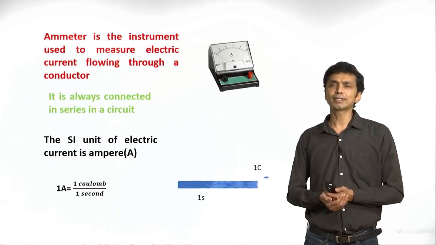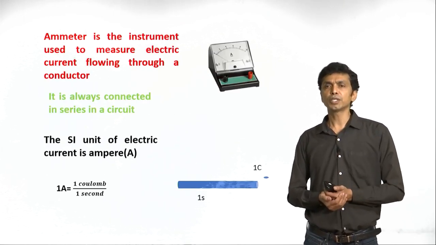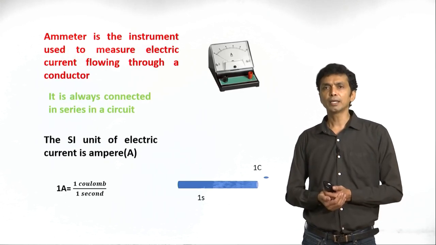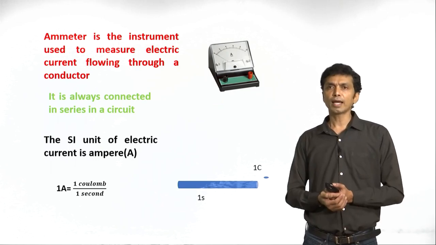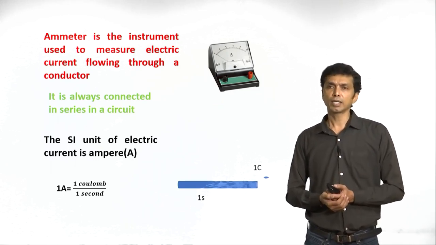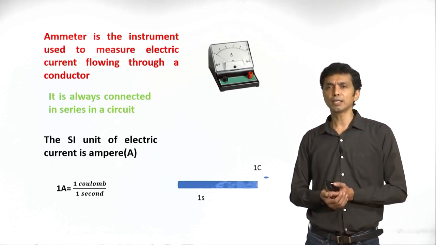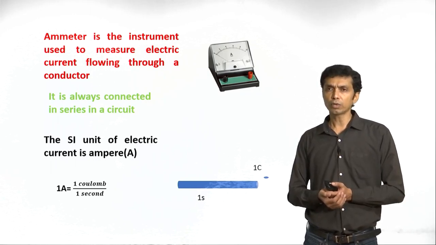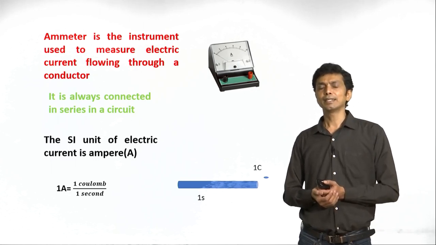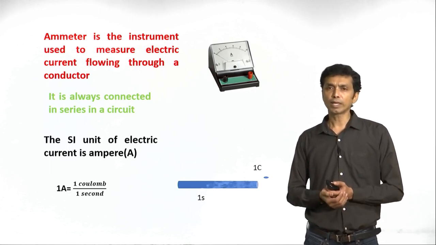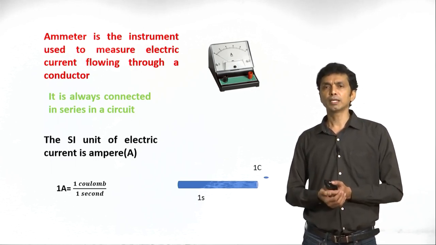How do we measure electric current? We measure the electric current by making use of an instrument called an ammeter, always connected in series in an electrical circuit. What is this series pattern? We will see later in our working circuit diagrams in the next slides.